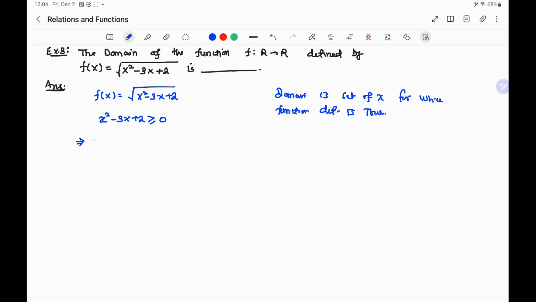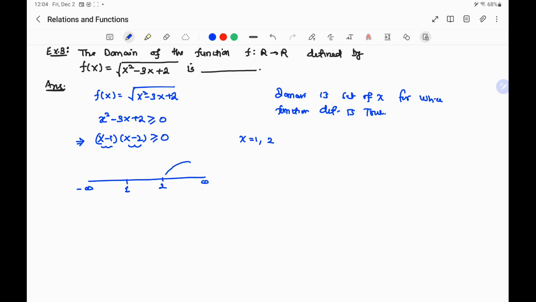On solving, first we make the factors. So it is (x minus 1) into (x minus 2) greater than or equal to 0. And using the wavy curve method, we draw the number line from minus infinity to infinity and mark the roots of these two polynomials. So we will have x equal to 1 and 2. So it is 2 and it is 1.